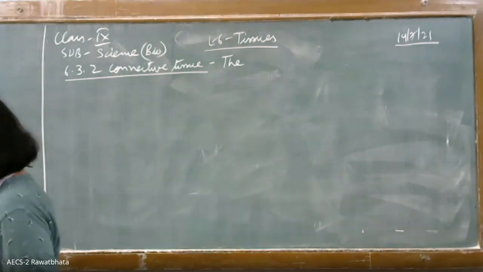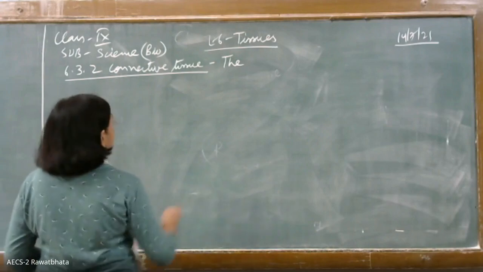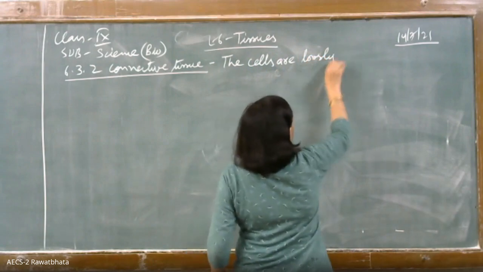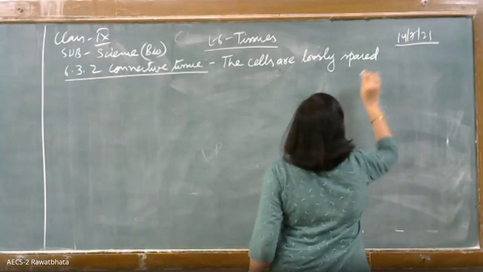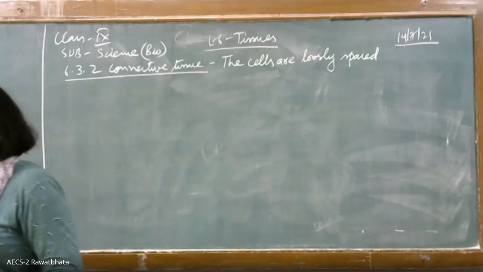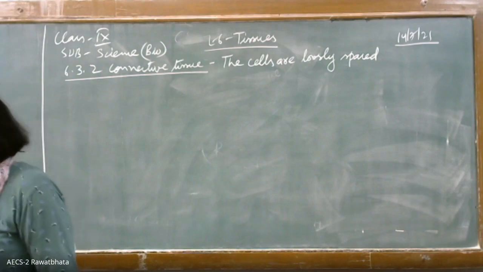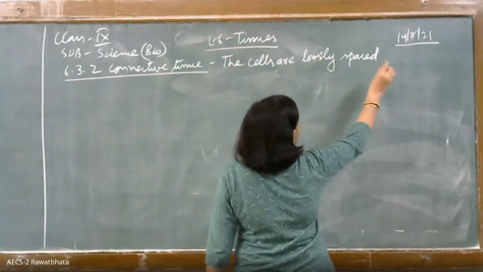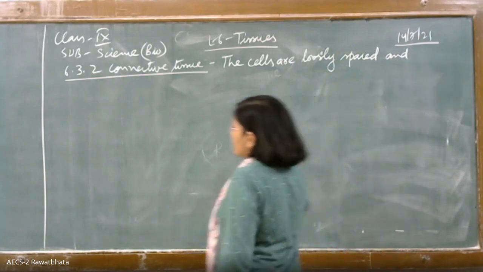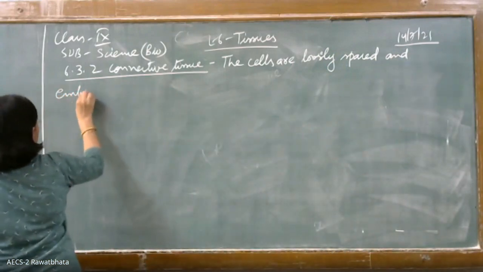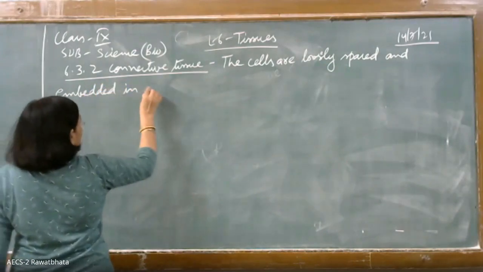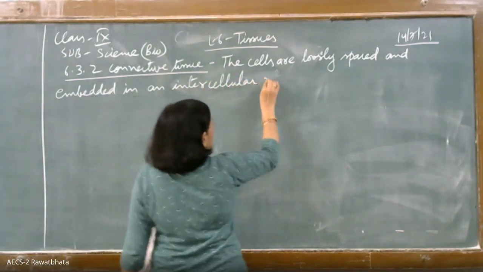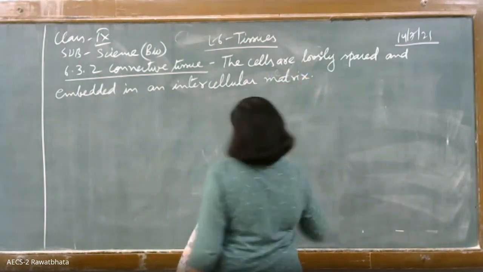The cells of connective tissue are loosely spaced and embedded in an intercellular matrix.